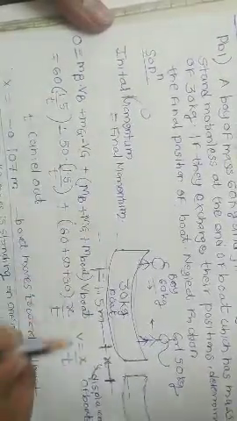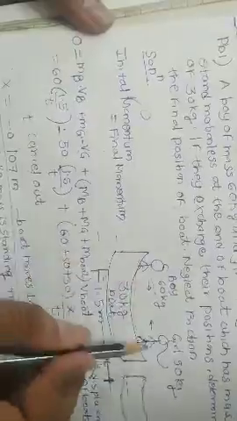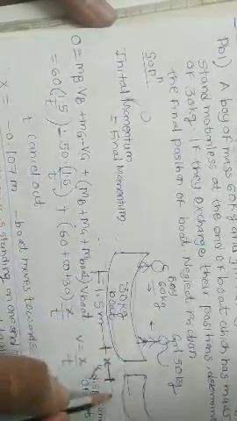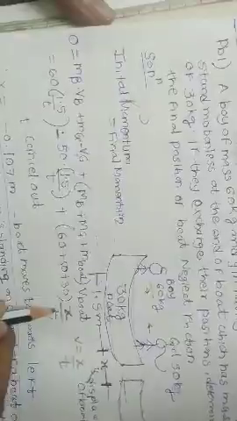Now we know velocity is equal to distance per unit time, so the distance traveled by these two is 1.5/t, with a negative sign because the girl is moving towards the left, plus we assume the boat is moving towards the right up to distance x.